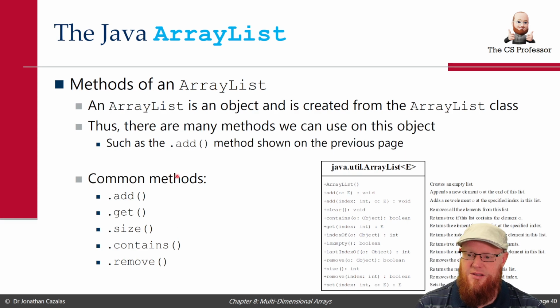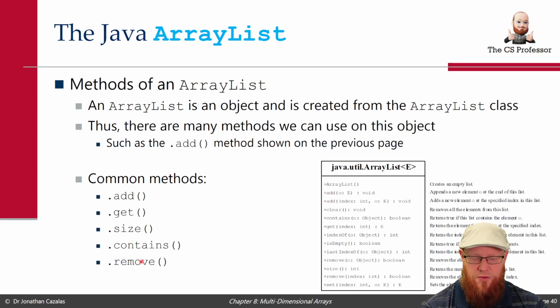What comes next is there's many methods in this ArrayList class. The common ones are add, get, we're getting an element at a particular index. We have the size method, which will give us the size of our array list. Contains will tell us true or false whether or not our array list contains a particular value.